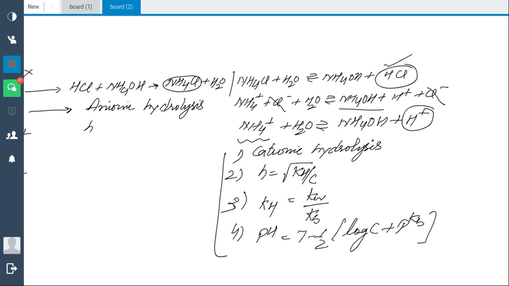Here H will be same, KH by C, KW by Ka, and pH is equal to 7 plus half log C plus pKa.